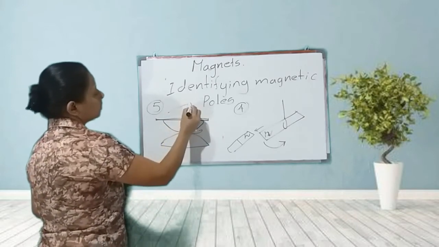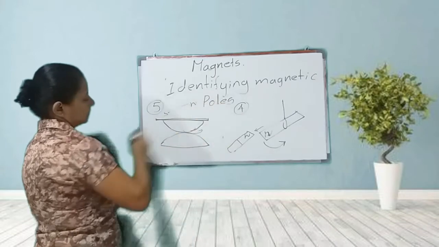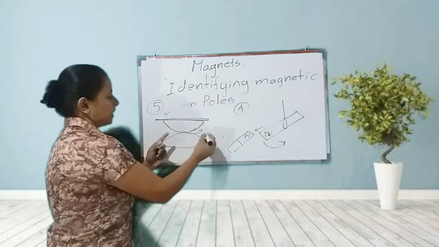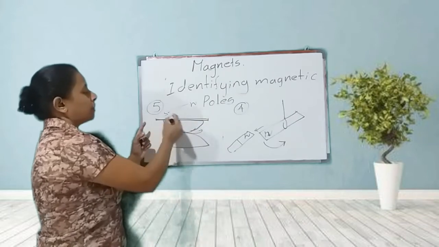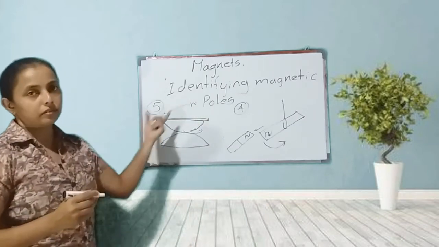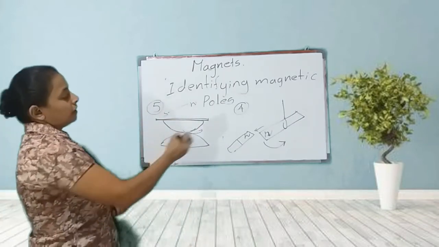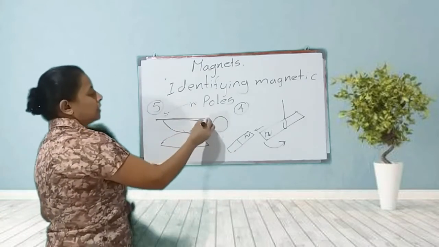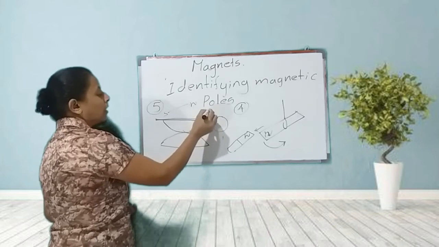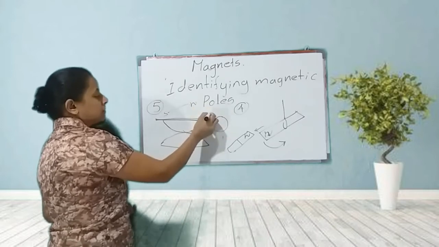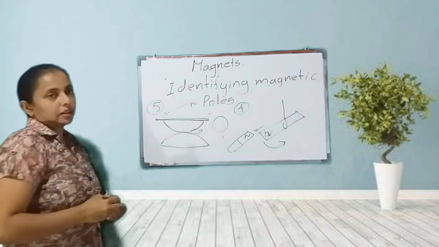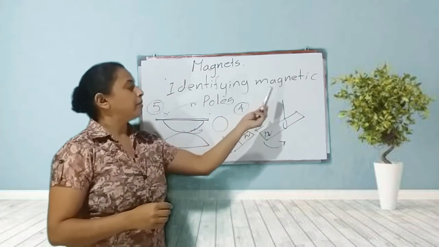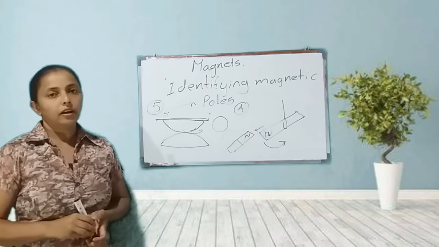It can rotate freely and stops in the earth's north-south direction. Using a compass we can identify whether this end is north or south. That is the method of identifying the magnetic poles.